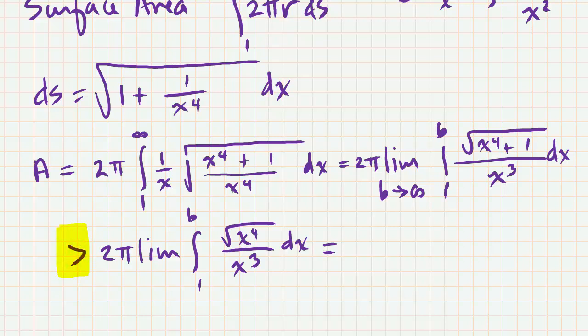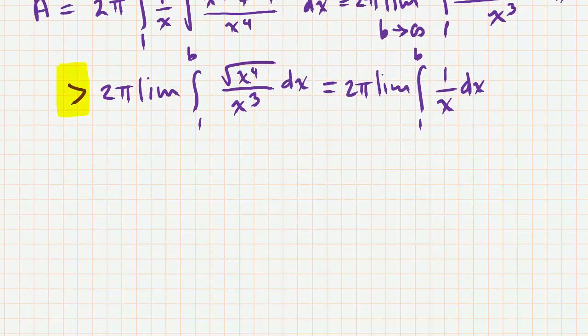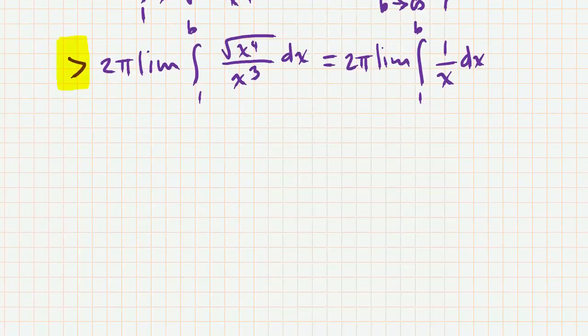So this part will be equal to 2 pi limit, 1 to b, x squared over x cubed, which is 1 over x dx. That should look familiar to us. That is in turn equal to 2 pi times the limit of the natural log of x from 1 to b.